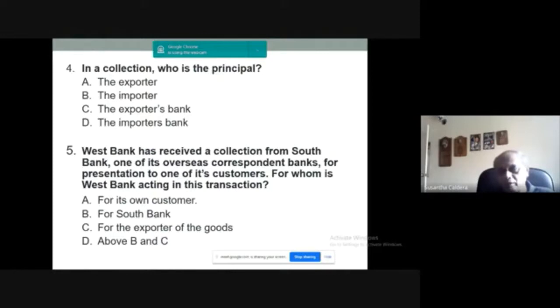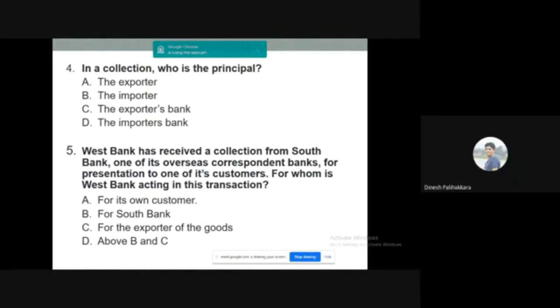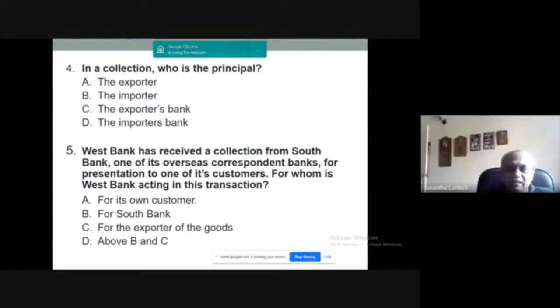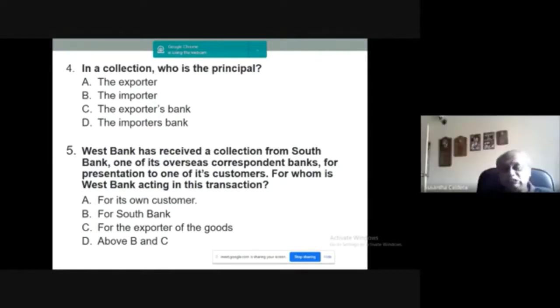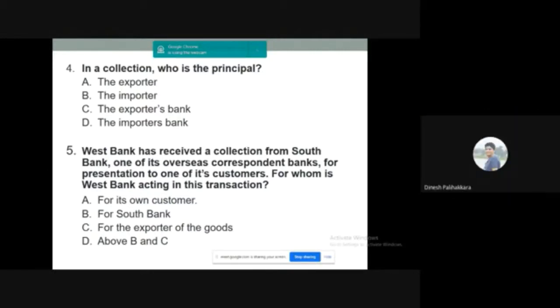West Bank. And who is the remitting bank? South Bank.